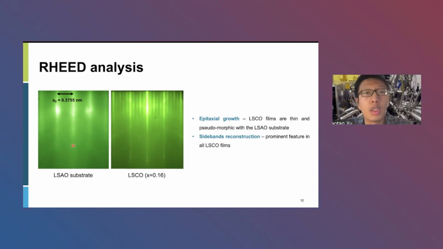And a new feature, which is not present in the substrate, you can see is this sideband reconstruction. So actually, this is a prominent feature that can be observed in all LSCO films. Let me put this in detail on the next page.